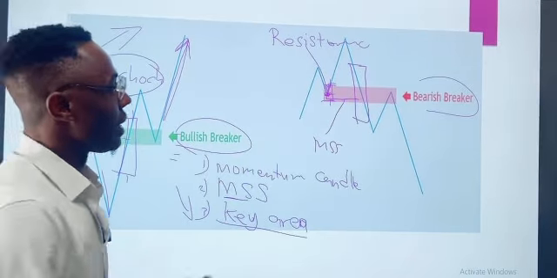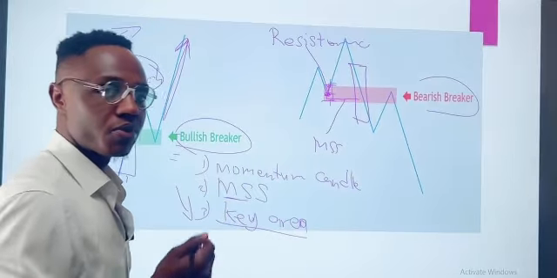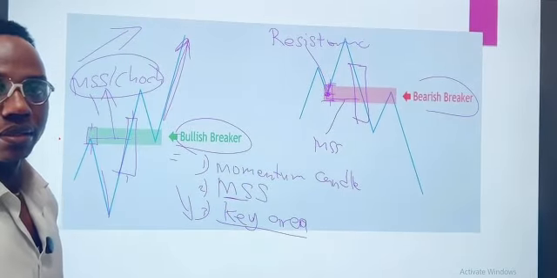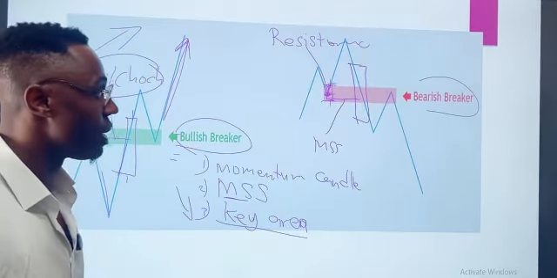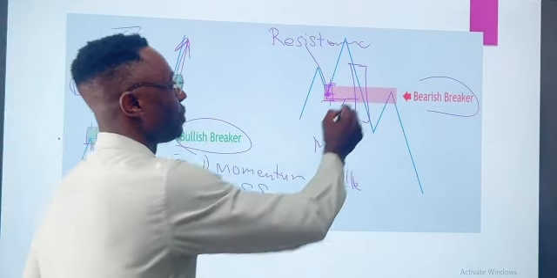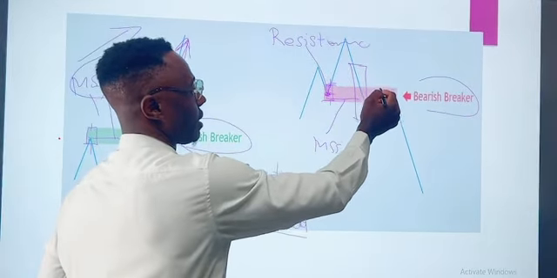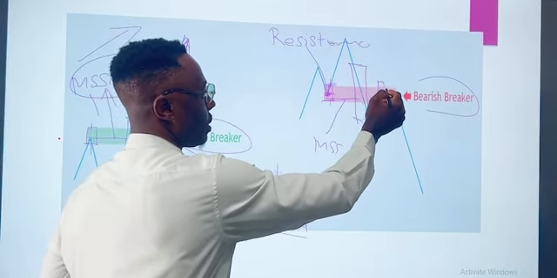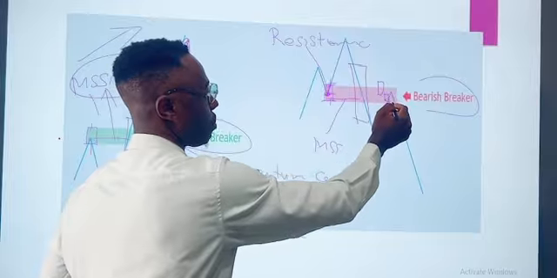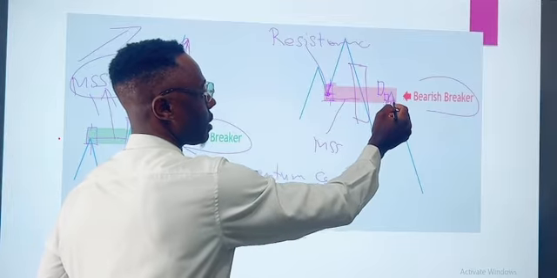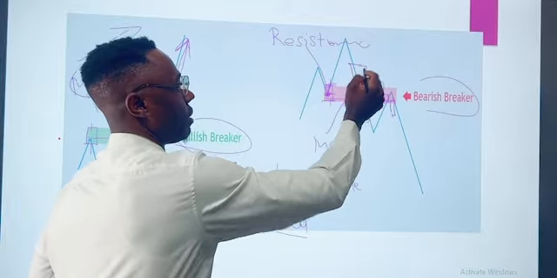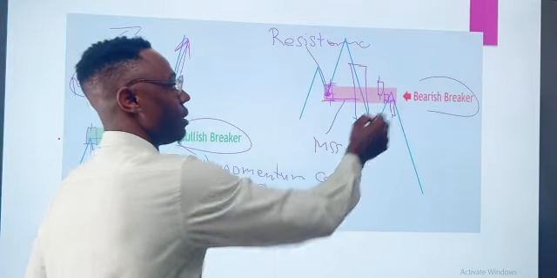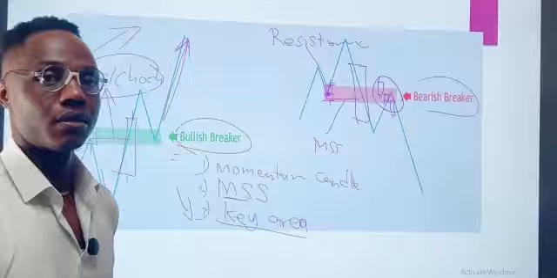If the candle that breaks it is not a momentum candle, the breaker block is not valid. It should be a momentum candle, right? If the market rejects, maybe gets here, closes within, gets here, closes within, and finally breaks it, it's not a valid breaker block.